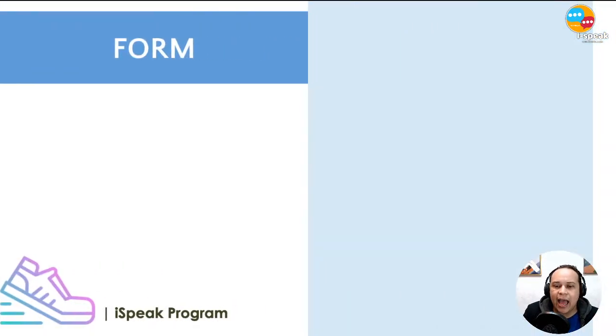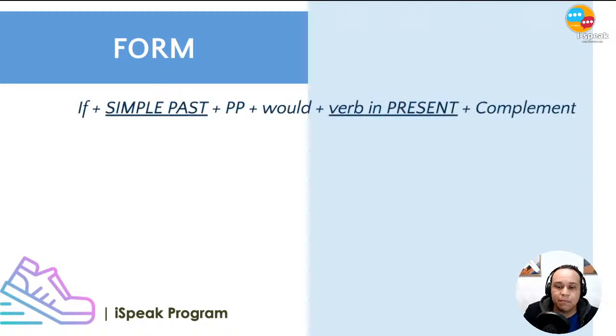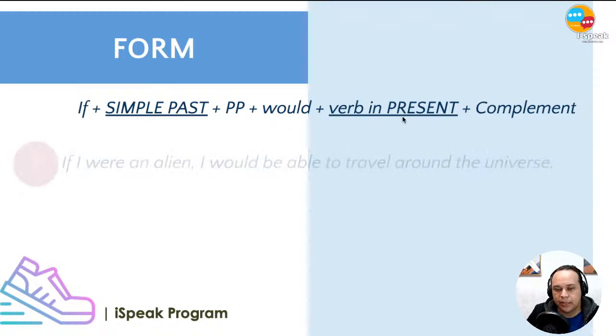Okay, good. How do we form the second conditional? The way you need to form the second conditional is through the simple past, right? And the verb in present using the modal would. So we have if plus simple past, plus the subject, the personal pronoun, would, the modal, plus the verb in present and the complement.